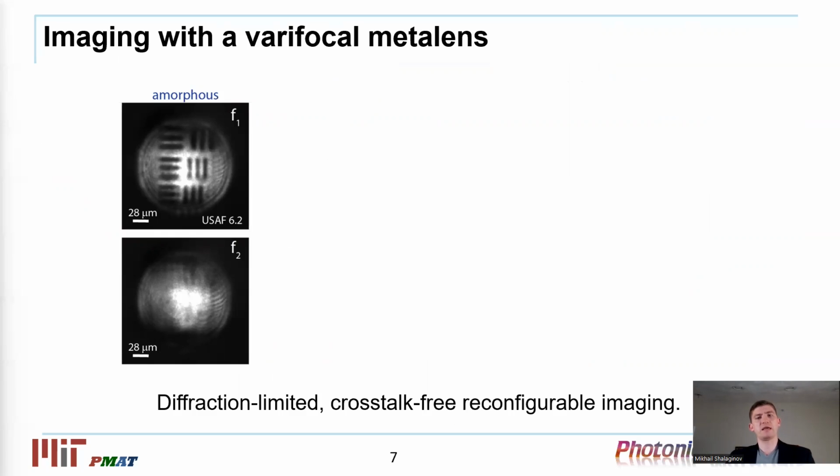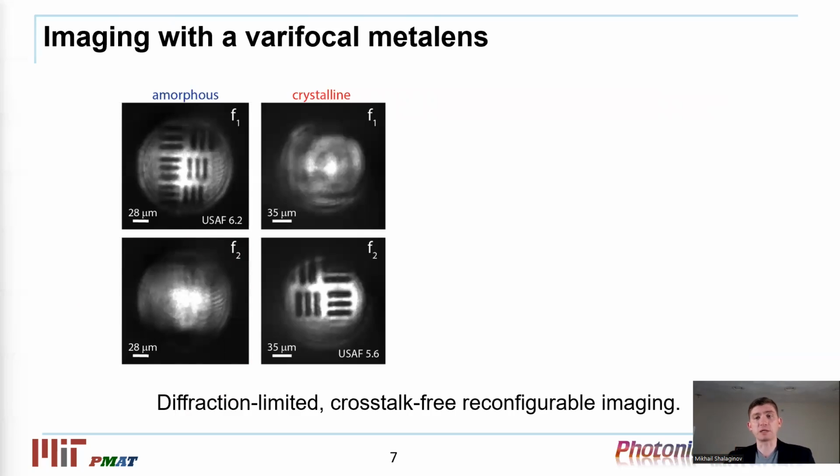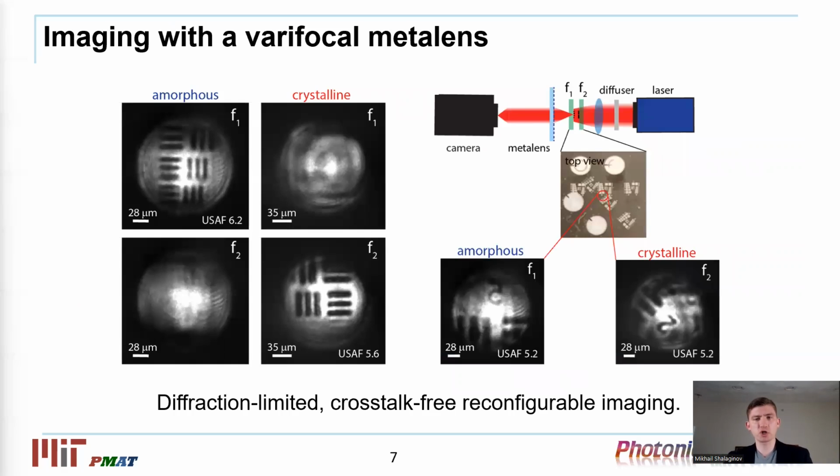This image has been obtained in the primary focal plane and no image is observed in the phantom focal plane. The same results were obtained for the metalens in the crystalline state, where now the primary and the phantom focal planes got flipped.